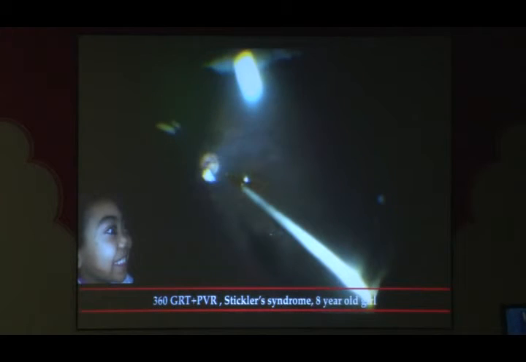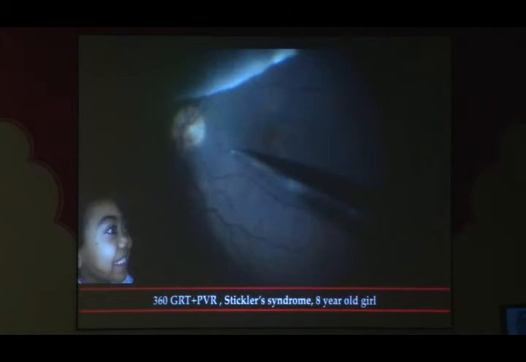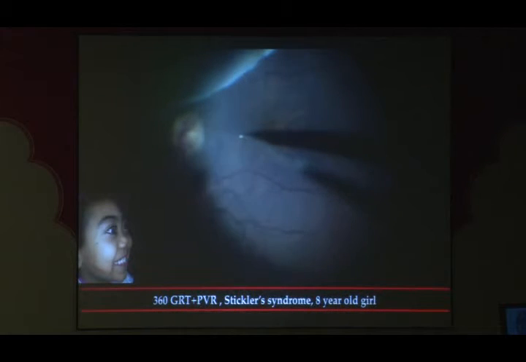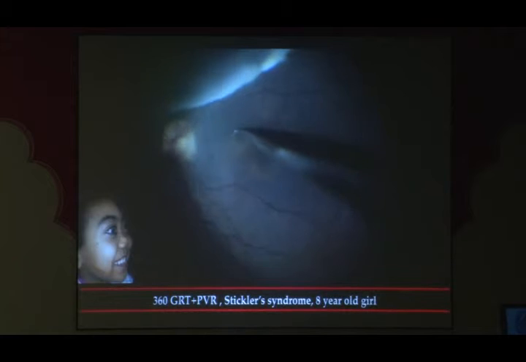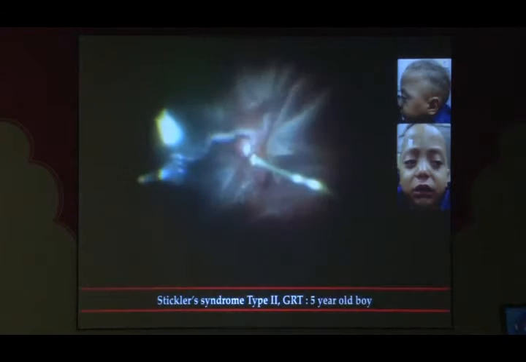Again, more PFCL is injected and then removed to inject the brilliant blue, and the internal limiting membrane was extensively removed as much as possible. And this is the picture at the time of silicon oil removal with the posterior retina stable. Some proliferation occurred at the far periphery that could be easily removed.